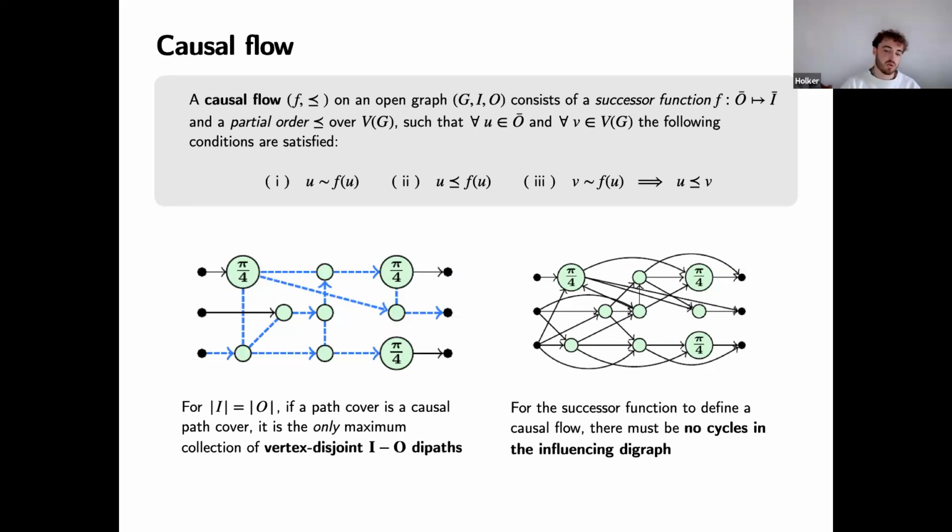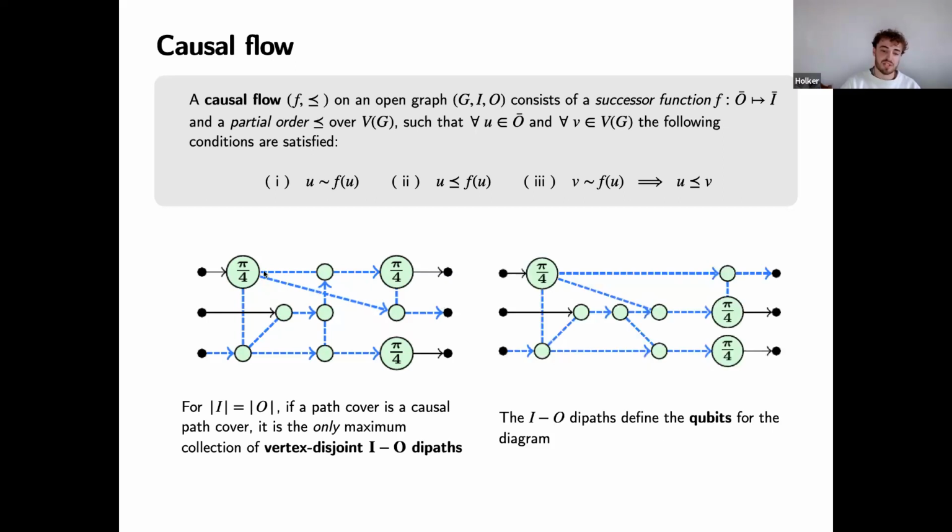What this means is you can also, these input-output directed paths, which the flow represents, can be, so these 2 diagrams are the same just by moving spiders around on the page. These input-output directed paths essentially are the qubit lines of the equivalent circuit to your diagram. So a diagram with causal flow has a direct analogy with circuits.